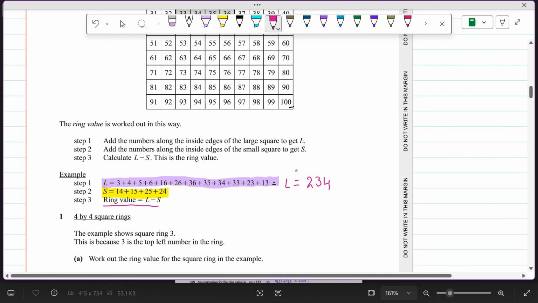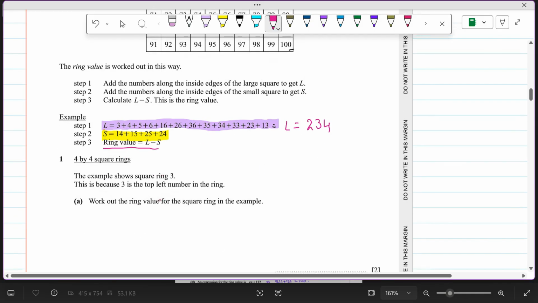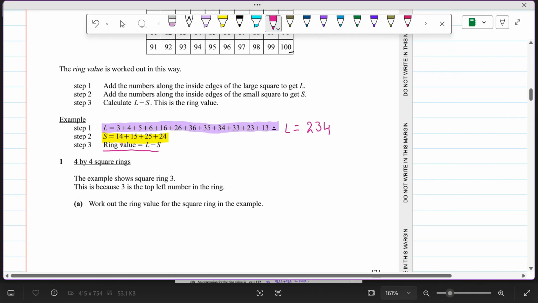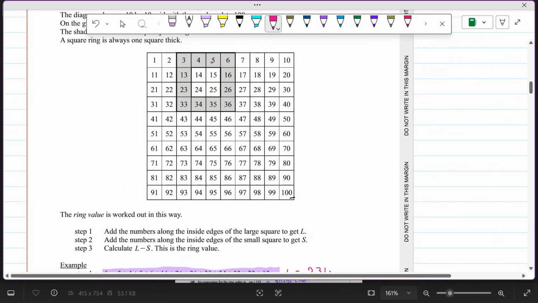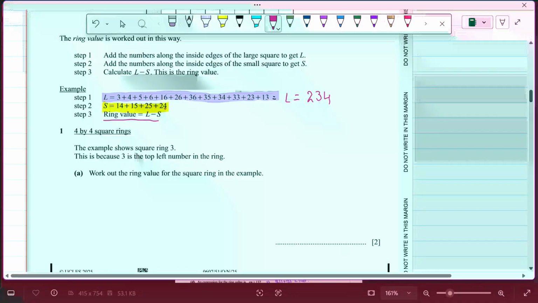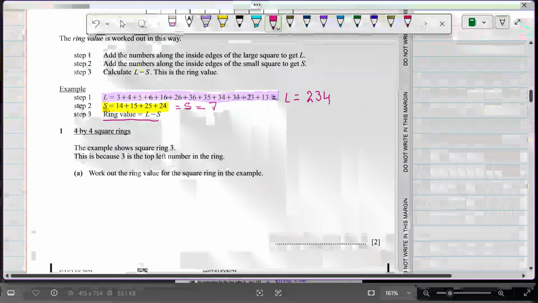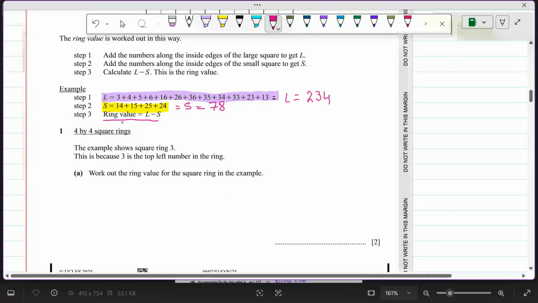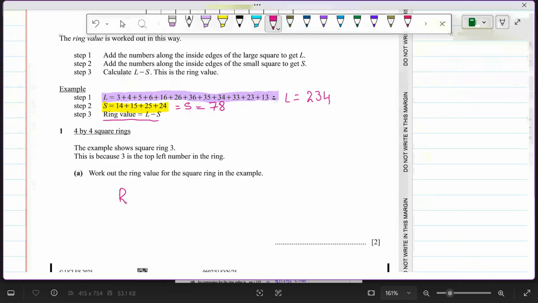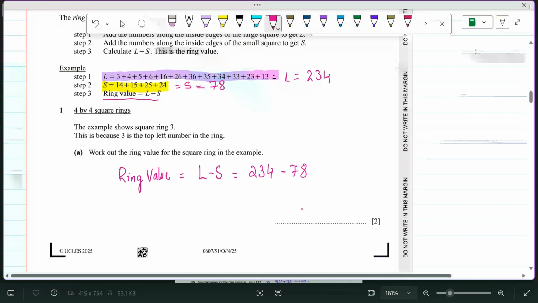I will call S the sum of the small square, and the values 14 plus 15 plus 25 plus 24 equal S, which is 78. The ring value is L minus S, which is 234 minus 78, equal to 156.